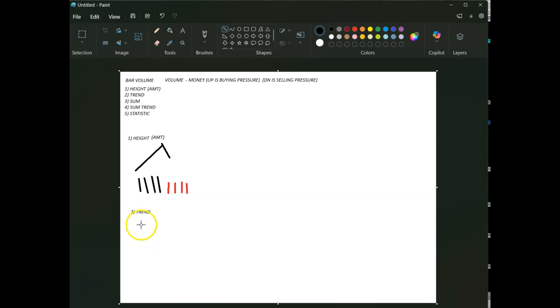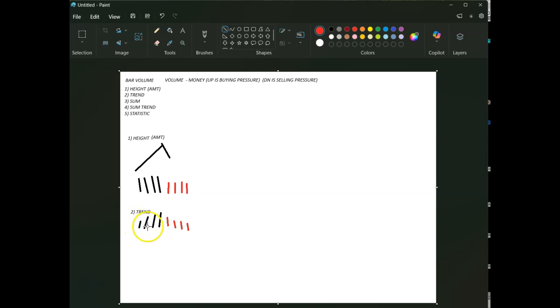What's really important is if you have something like this, that's bullish, right? Especially if it's followed by volume that's tapering off or decreasing, versus volume that's increasing.